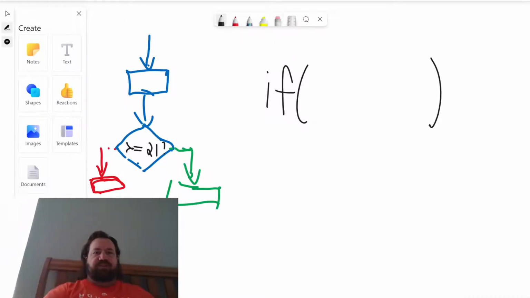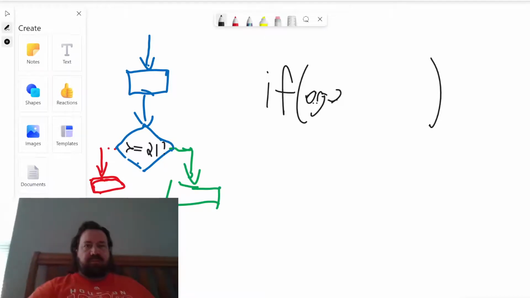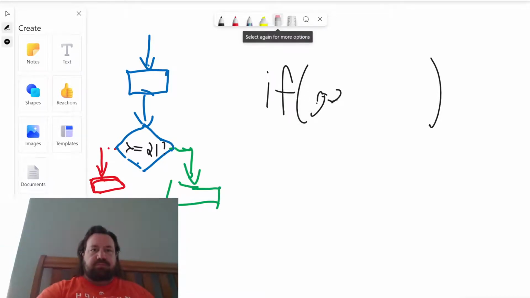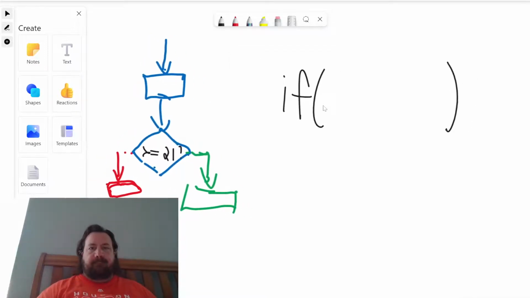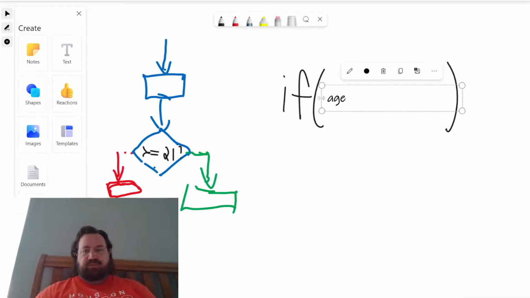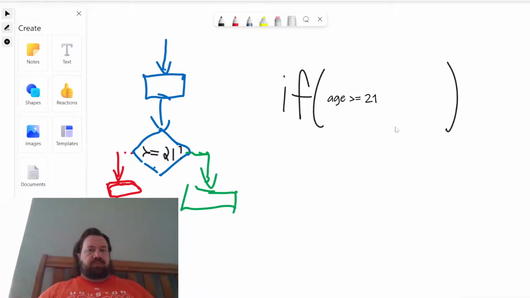So in our simple example here, we'd say if age is greater than or equal to 21, then voila, we have our sale, else we end the program.